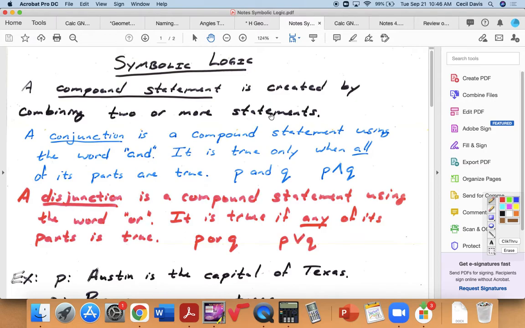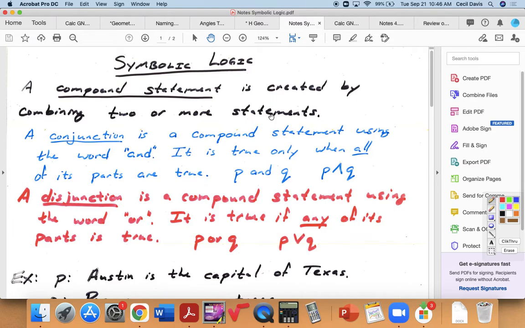Hopefully you'll like it. So a compound statement is created by combining two or more statements. Primarily, we have two types. A conjunction, which is a compound statement using the word and. It's true only when all of its parts are true.